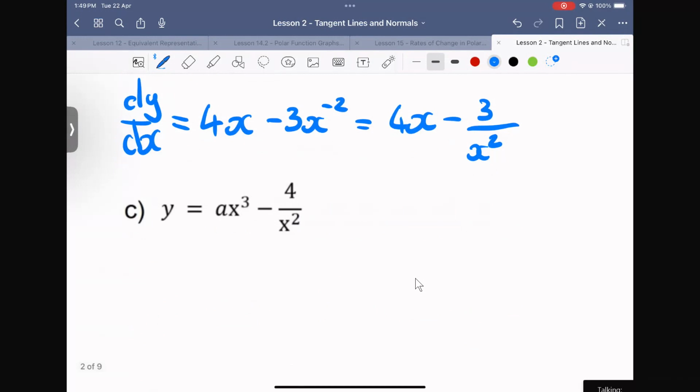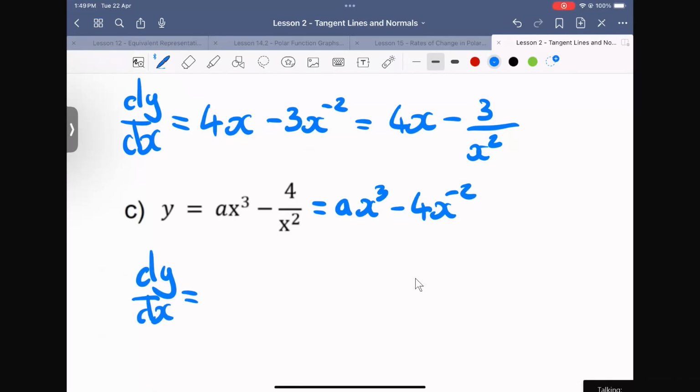Our last term. The coefficient of this first cubic term is a. That's not an issue for us, so we just leave it as a, and we convert the second term into index form. That's going to give minus 4x to the minus 2. Differentiating now, we get 3 times a is 3a x squared.